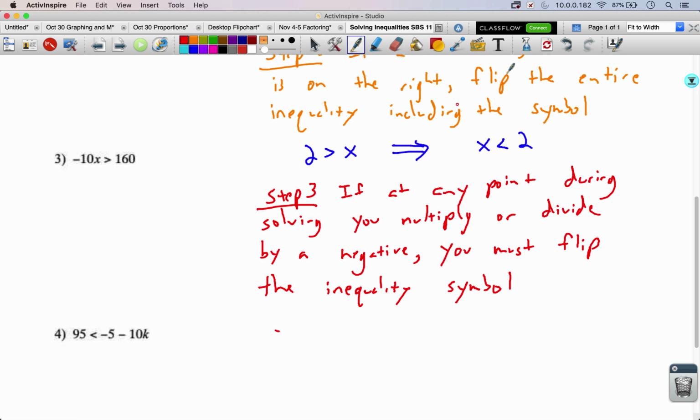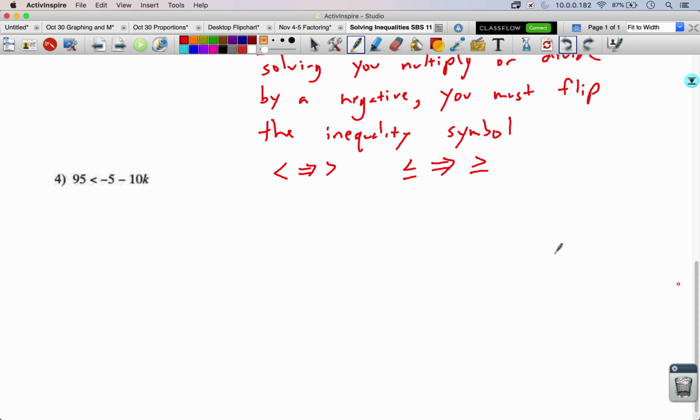So a less than would become a greater than, less than or equal would become a greater than or equal to, and so on.